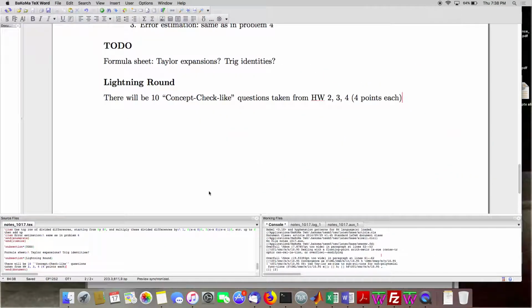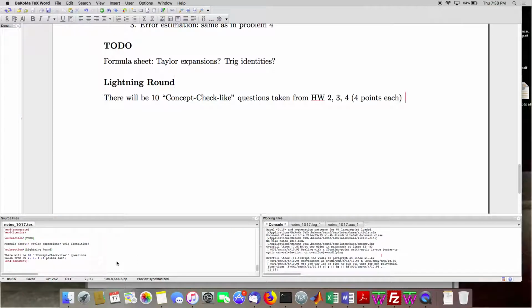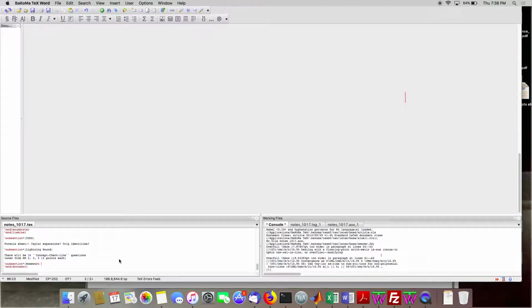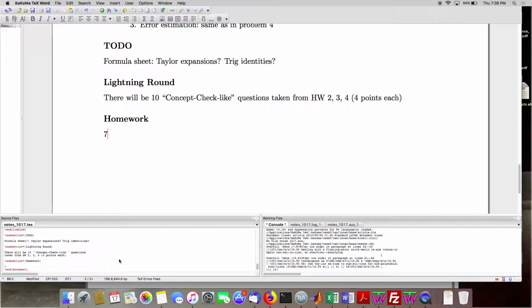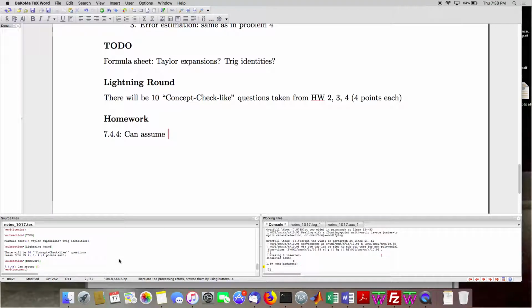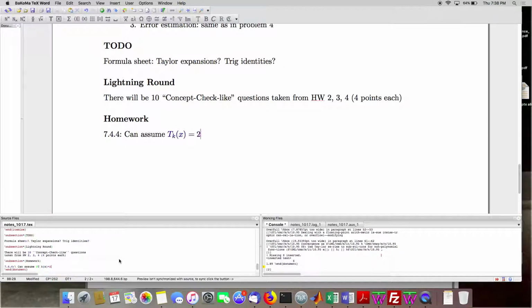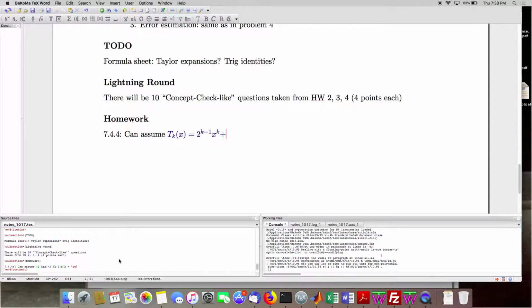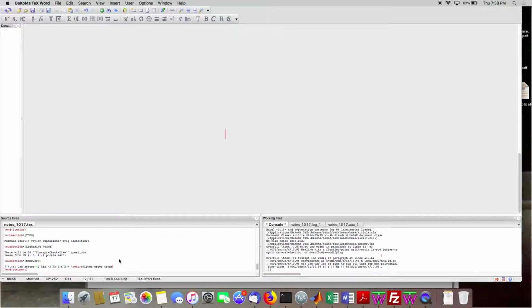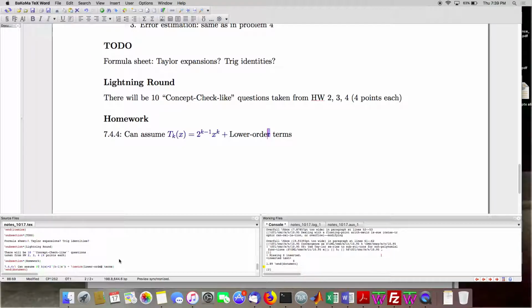Okay, 7.4.4. You can assume that T_k of x is equal to 2^(k-1) x^k plus lower degree terms.